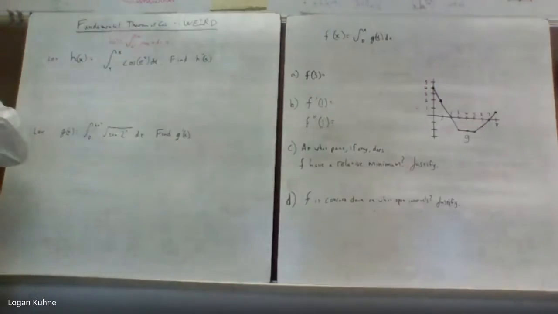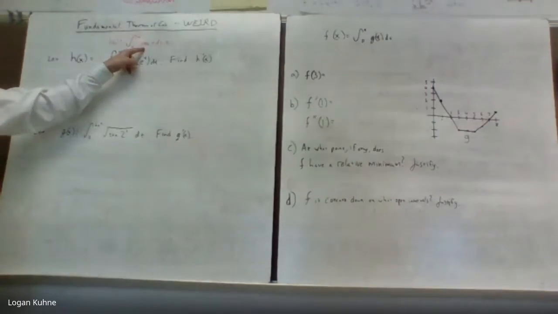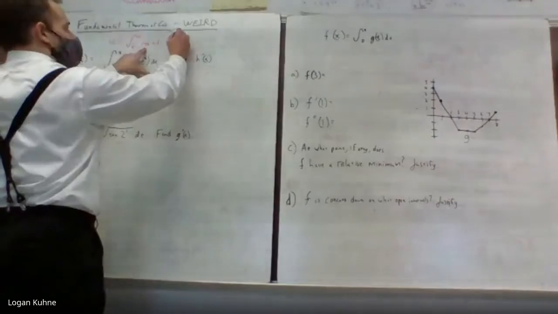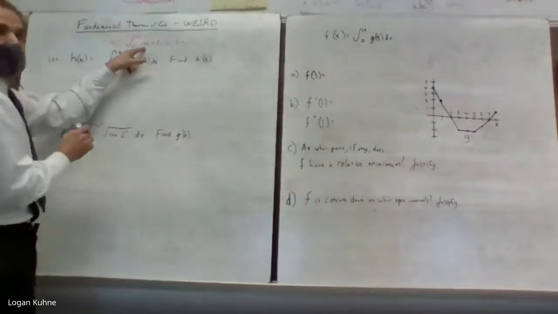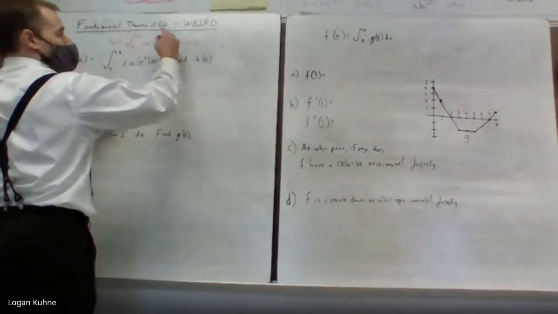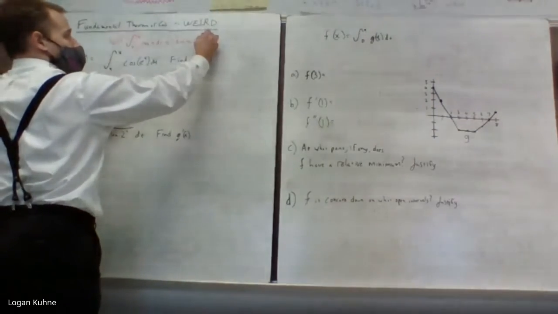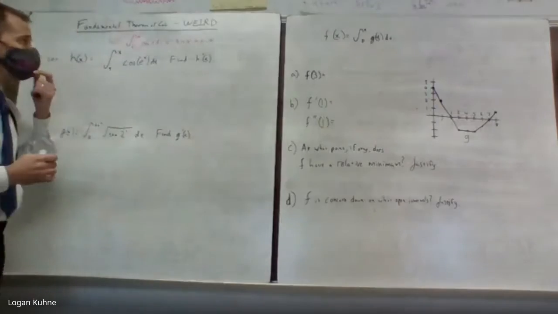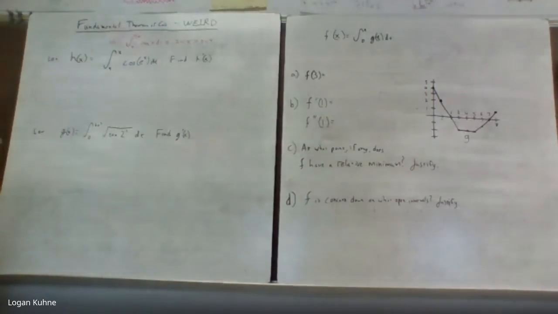If I anti-derive, what's the antiderivative of cosine? Sine, yes. So this would be sine. I'm going to plug in my top limit, x, then plug in my bottom limit, 4. Okay. So that's h of x.